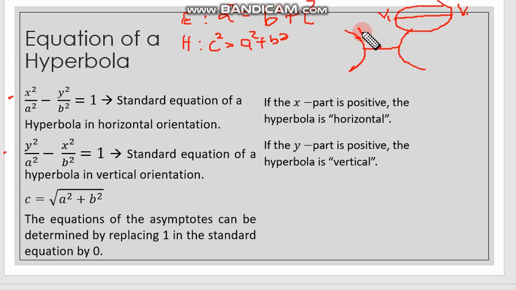Here is vertex 1 and here is vertex 2. But the focus is somewhere here. So the segment from focus 1 to focus 2 is longer than the value of the vertex, which is a. So this time, the focus is greater than a squared and b squared.